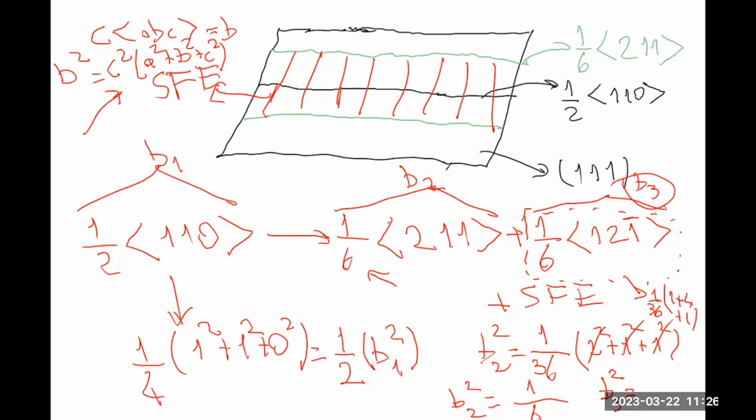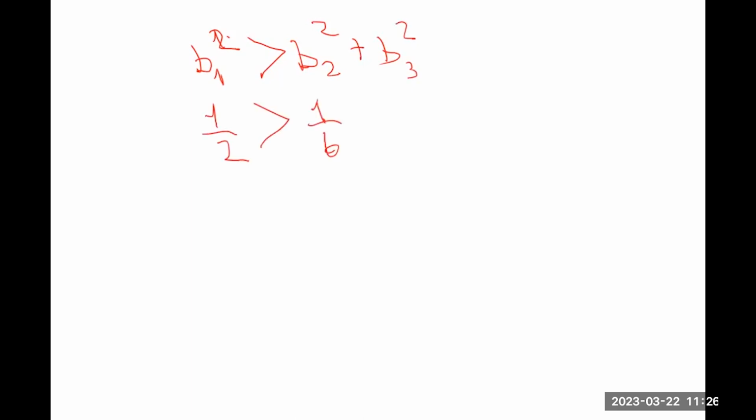Yes. So b1 square is 1 by 2, b2 square is 1 by 6, and b3 square is 1 by 6 again. So we are checking whether b1 square is greater than b2 square plus b3 square or not. 1 over 2 is greater than 1 by 6 plus 1 by 6.